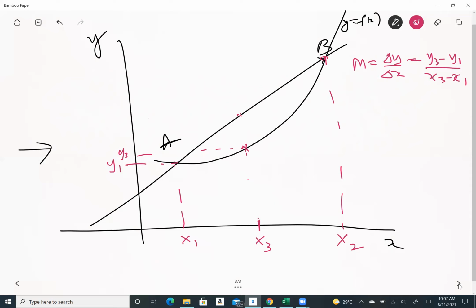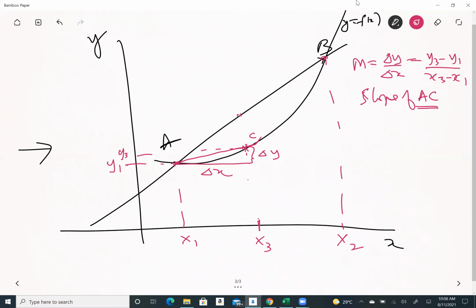So that M would be the slope of the straight line connecting point A and, call it, point C. That will be the slope of AC, the straight line AC here. Can you see that? Here I have delta x, here is delta y. So when delta x becomes smaller, you can see delta y also becomes smaller.